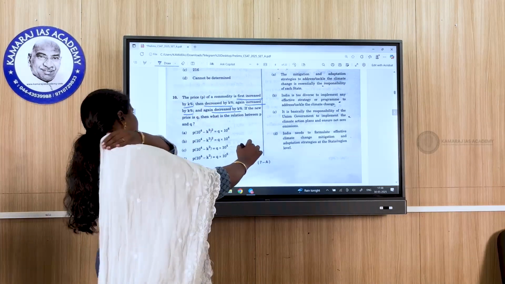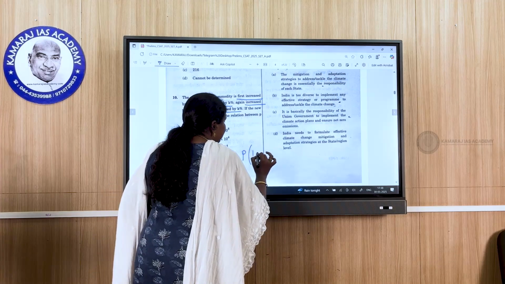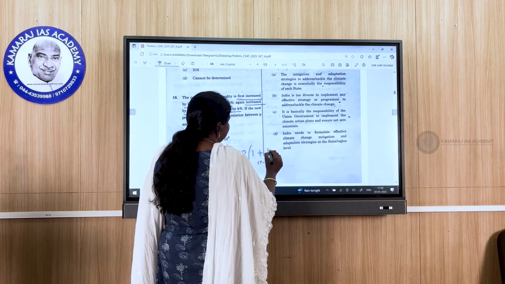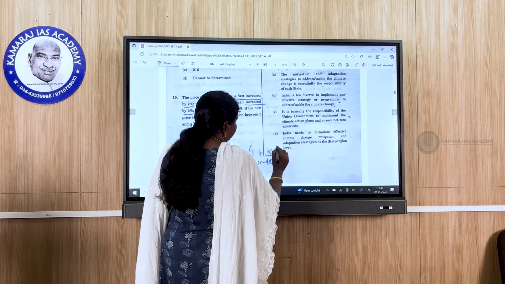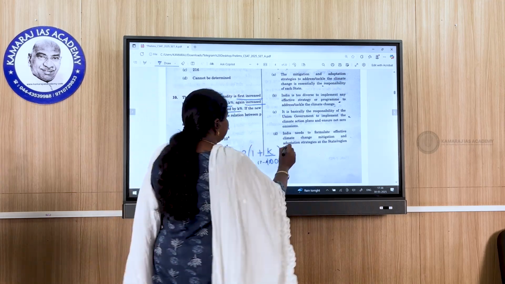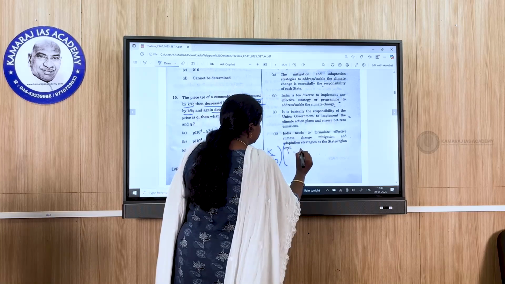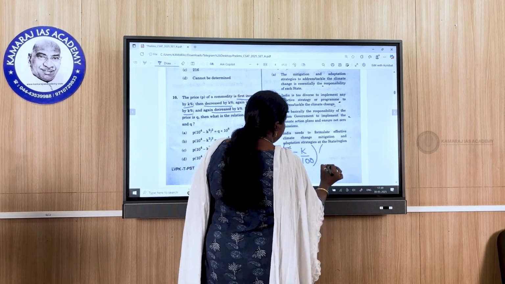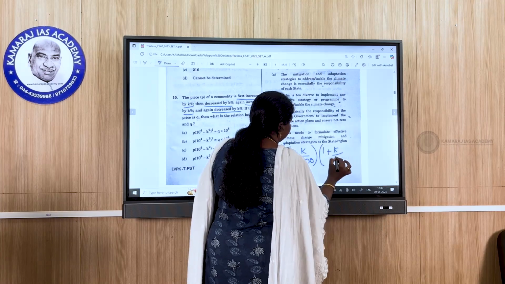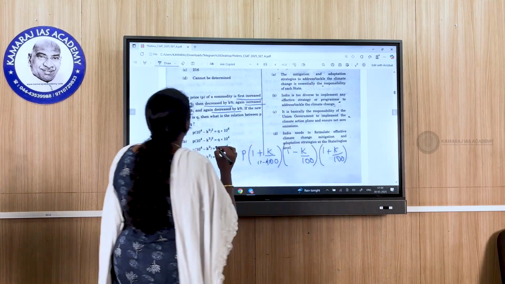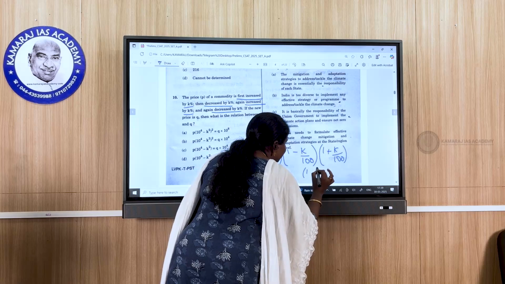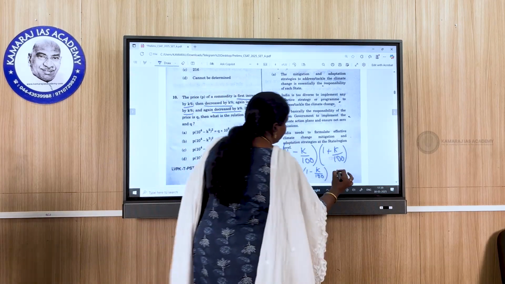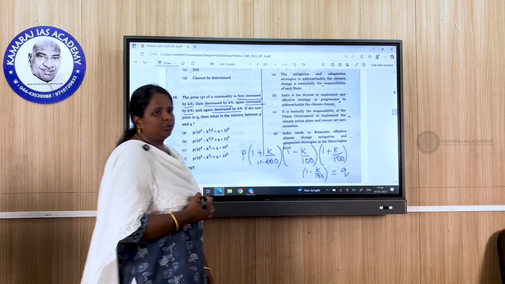P is first increased by K percentage, again decreased by K percentage, again increased by K, then again decreased by K. So I am getting the new price as Q, right?